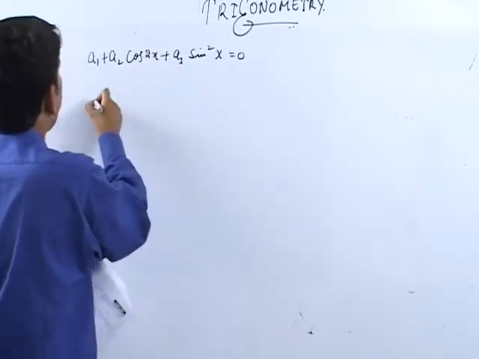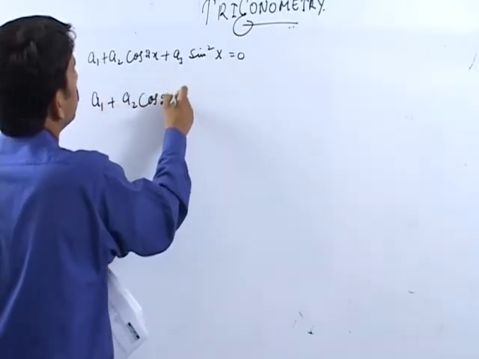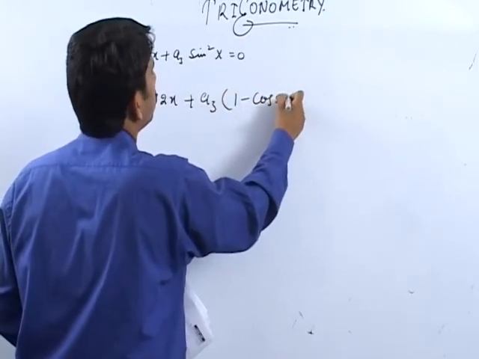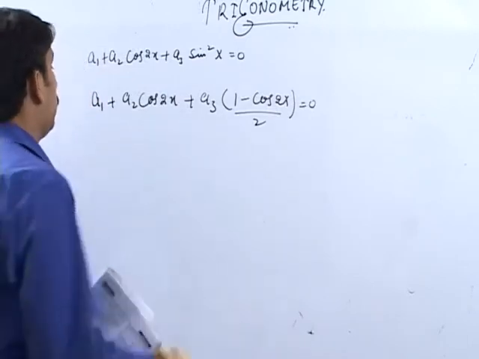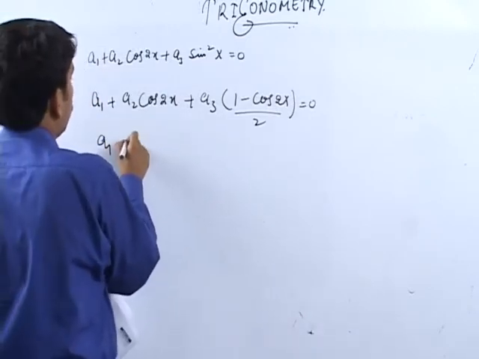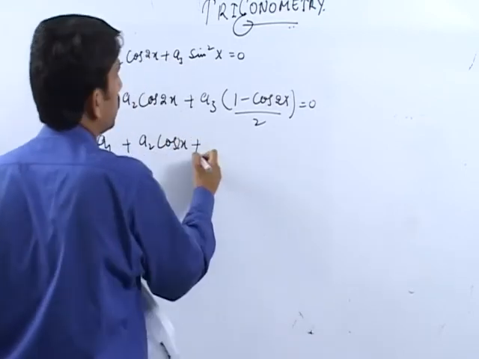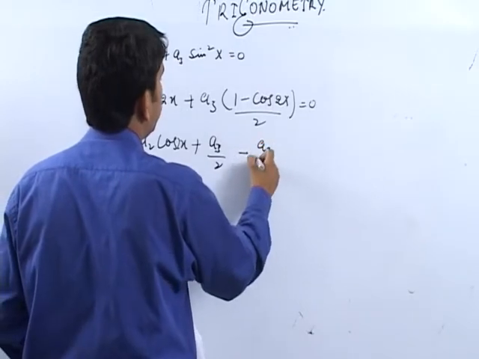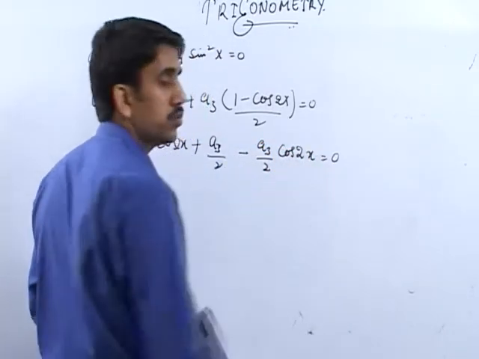So in a similar pattern, you will take a1 plus a2 cos 2x plus a3 times (1 minus cos 2x) divided by 2. This is equal to 0. Now this is a1 plus a2 cos 2x plus a3 by 2 minus a3 by 2 cos 2x is equal to 0.